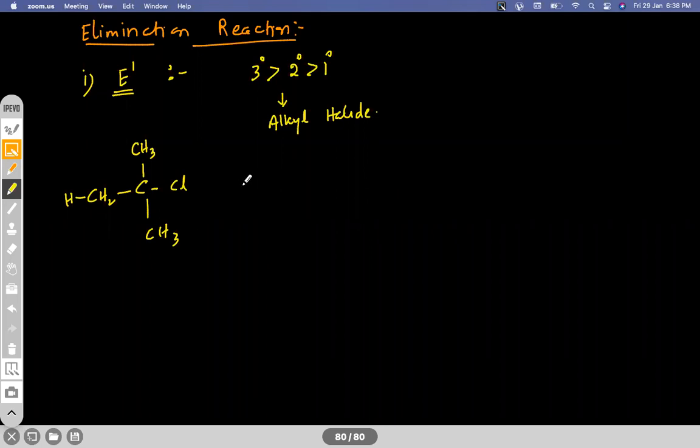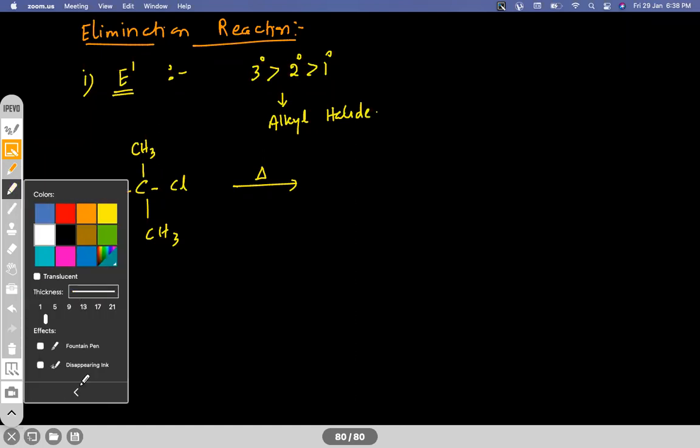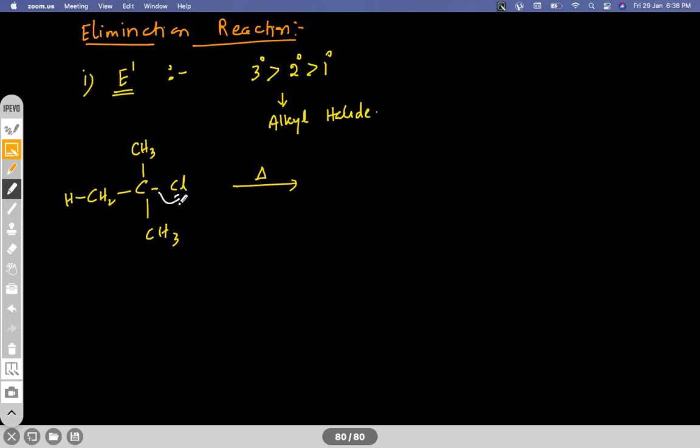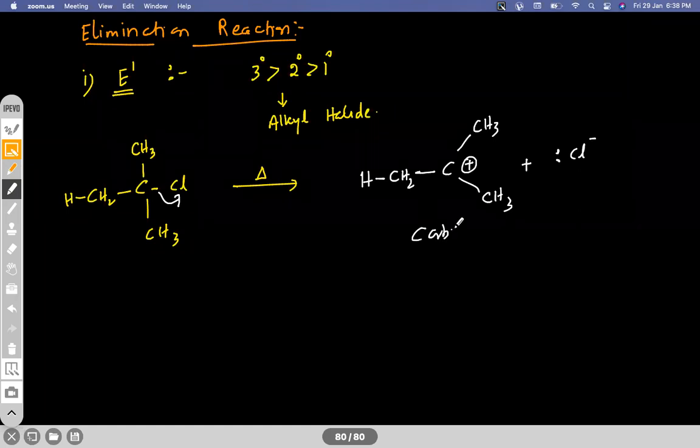In tertiary alkyl halide, if you simply heat this molecule, the halogen atom comes out easily as a leaving group and forms a carbocation here. So we get HCH2, CH3, CH3 with a positive charge, and Cl minus goes out on heating. So you get a carbocation in between.